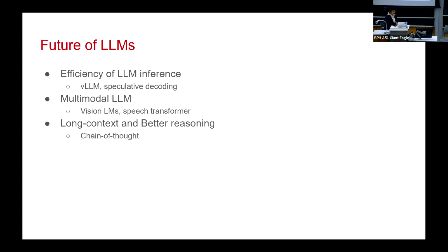And then last, there's also the area of long context and better reasoning. One of the most prevalent results on this is chain of thought, which we believe that the o1 model from OpenAI is using. So it would use more complicated prompts to enhance the reasoning of your language model inference.